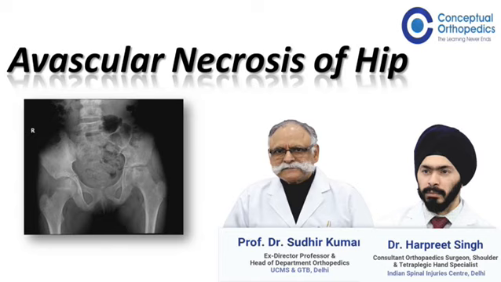As sir beautifully spelled out, in stage 4 there will be superior migration because of the joint collapse, and there is a break in Shenton's line. So remember these stages. You'll be asked about all these stages in your examination, definitely.